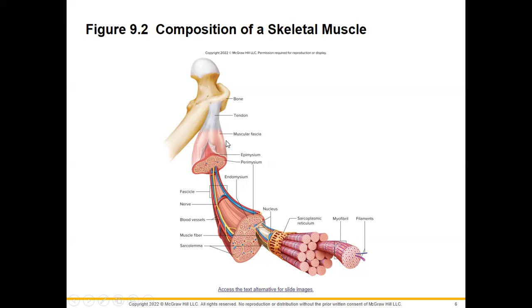The muscle is then surrounded by epimysium. That epimysium surrounds the muscle. I'm sorry, the fascia is superficial, and the fascia surrounds the epimysium. Then you have perimysiums and endomysiums that are deeper within that as the structures get smaller and smaller.